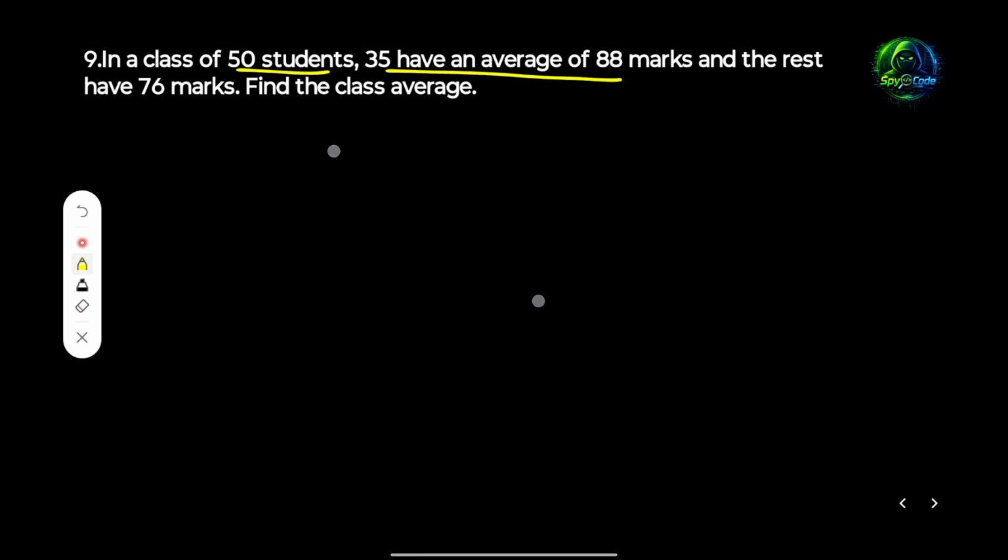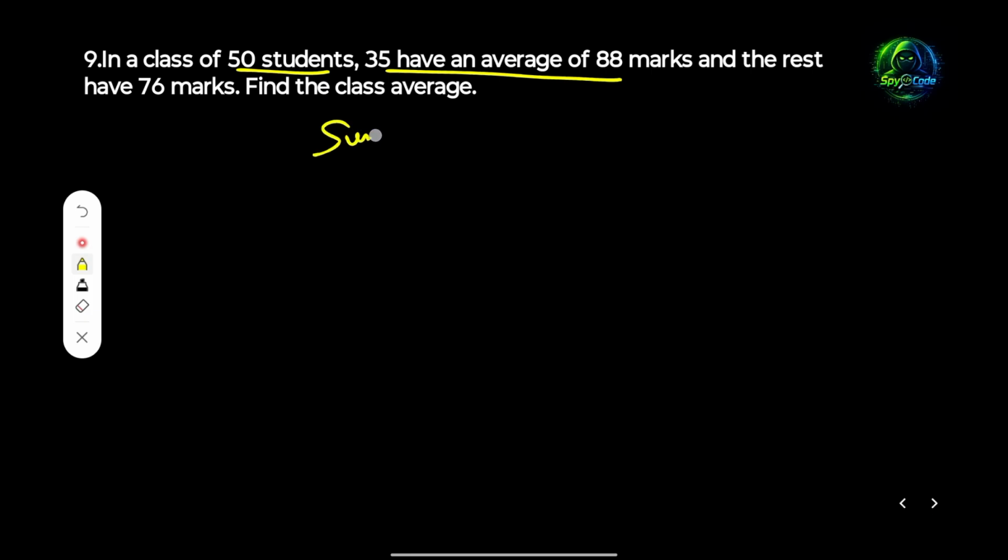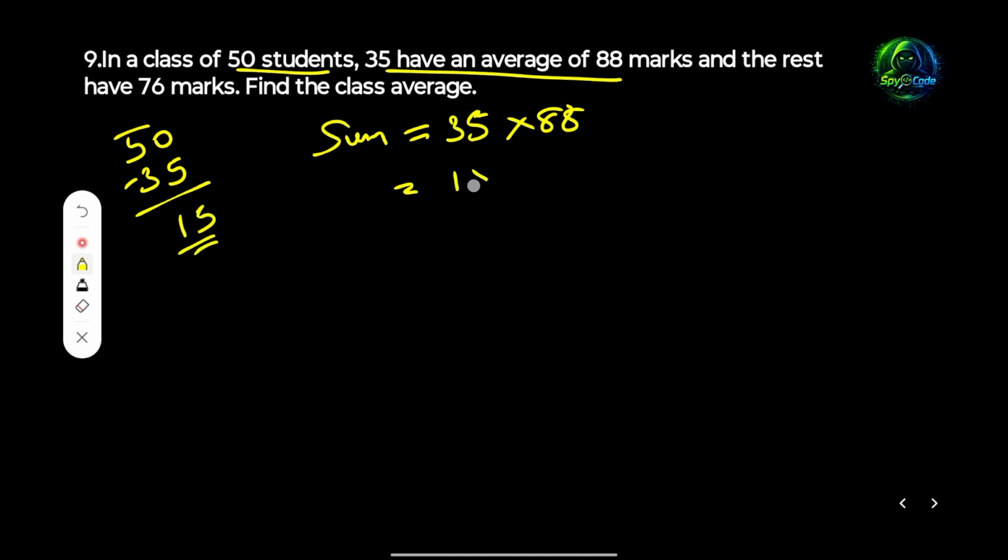So sum of 35 into 88 and the rest. Okay, out of 50 when we take out 35 students, we get 15 more. So 15 into 76.